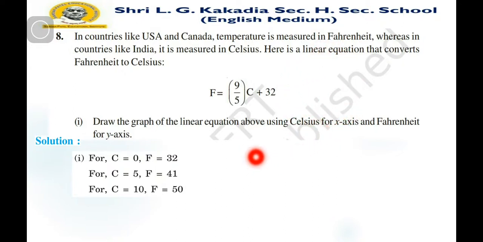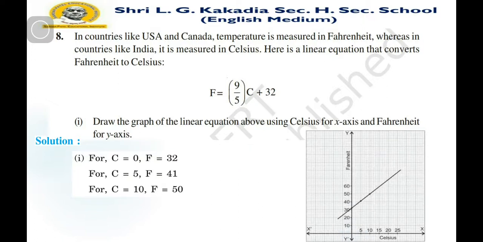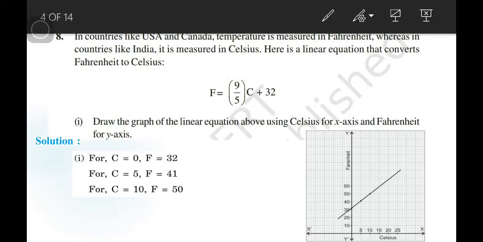So we can draw a graph as given here. Such a graph we can find here. On the x-axis, we take 1 centimeter is equal to 5 degree Celsius.